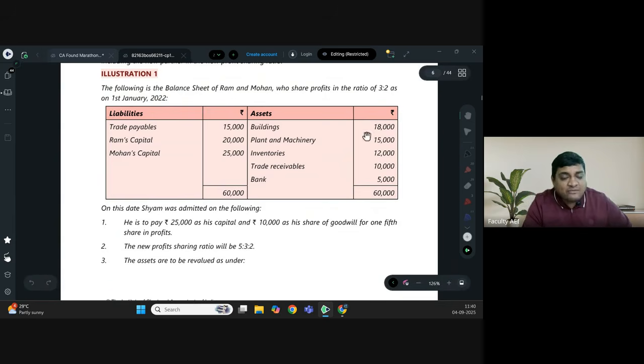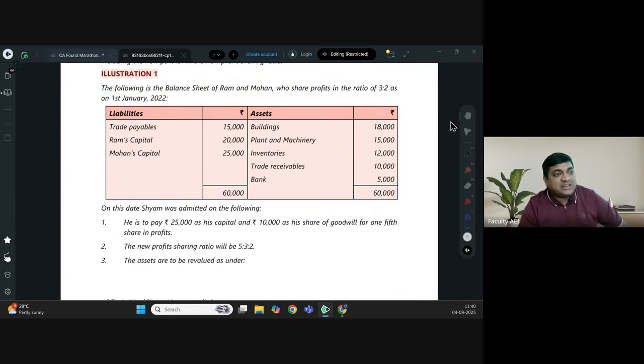So 18, I have to make 25. The new value is 25. So increase by 7. Plant and machinery 12. The new value is 12. So from 15 to 12, 3,000 loss. Inventory 12, the new value is 12. No difference. Receivable 10. Trade receivable is 10.